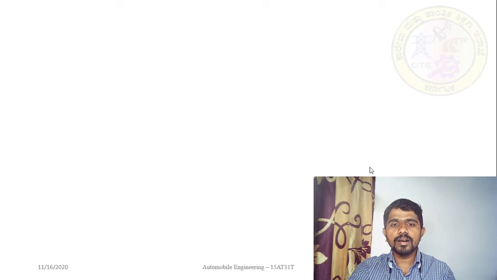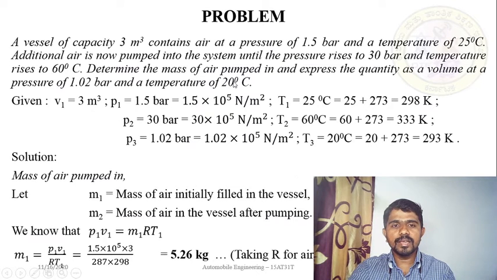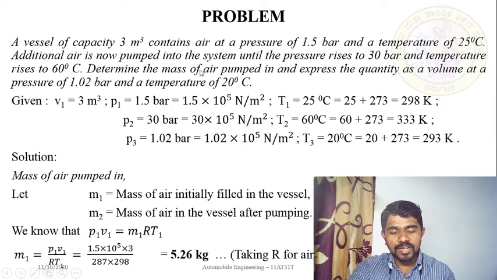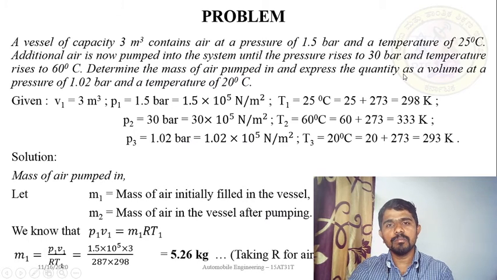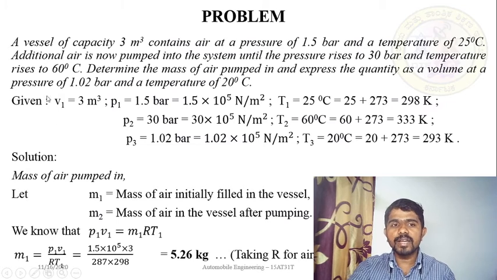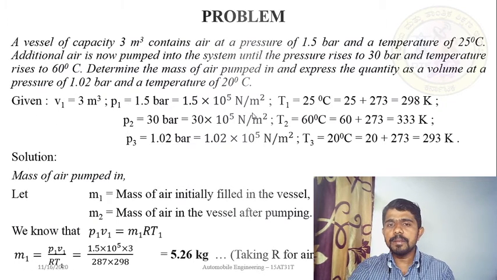If you go to the previous slide, see here, determine the mass of the air pumped in. We have already determined, and express this quantity, this mass, as a volume. In the form of volume, the condition is different: at a pressure of 1.02 bar and temperature of 20 degree centigrade.